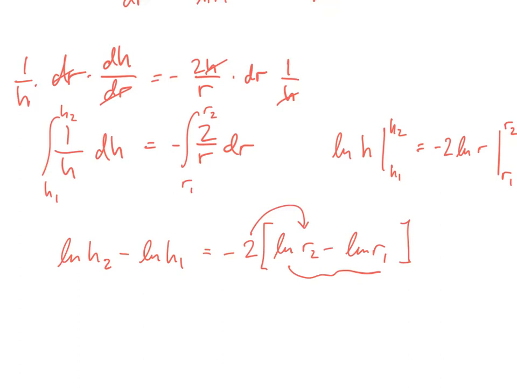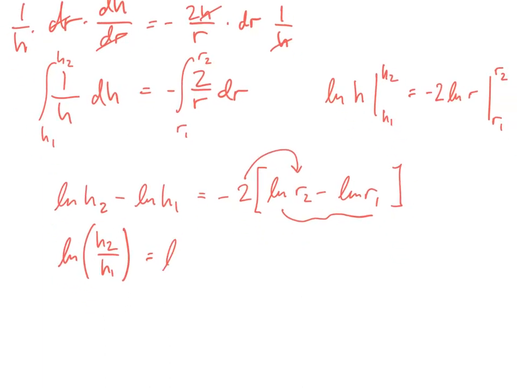Now if I do that, then I get log h2 divided by h1 equals log r2 to the negative 2, r1 to the negative 2.